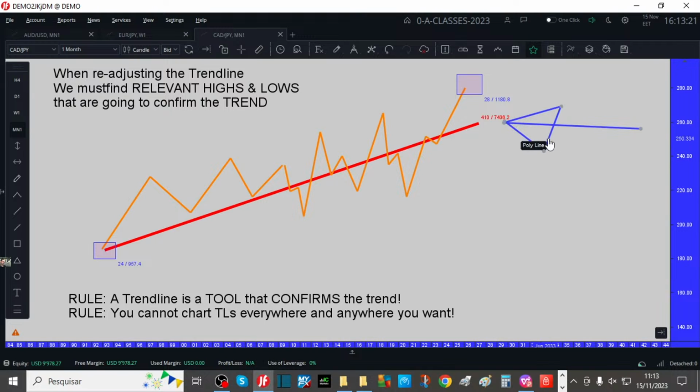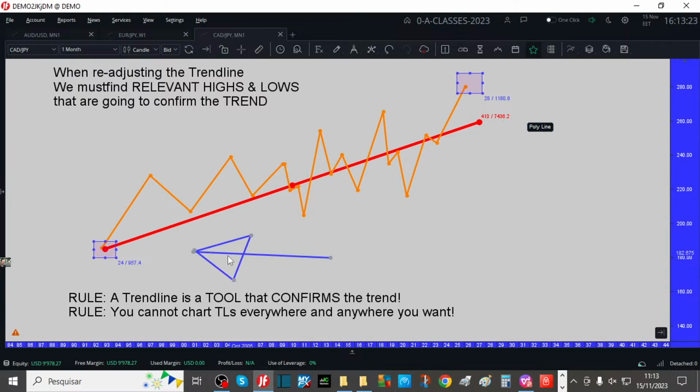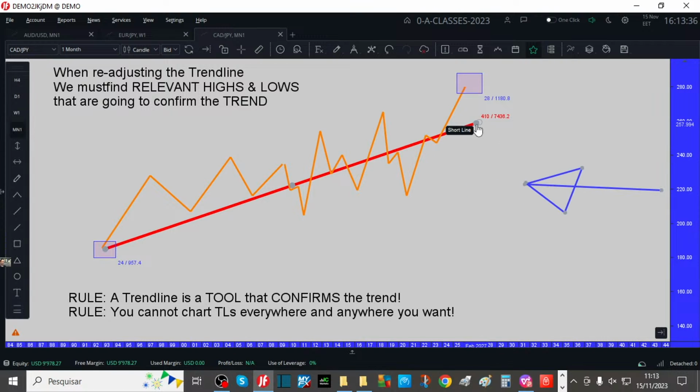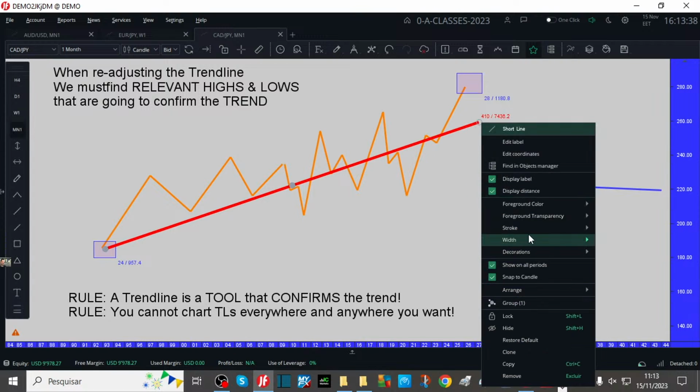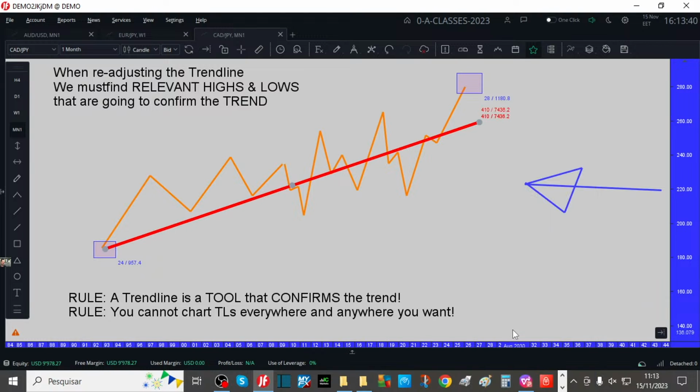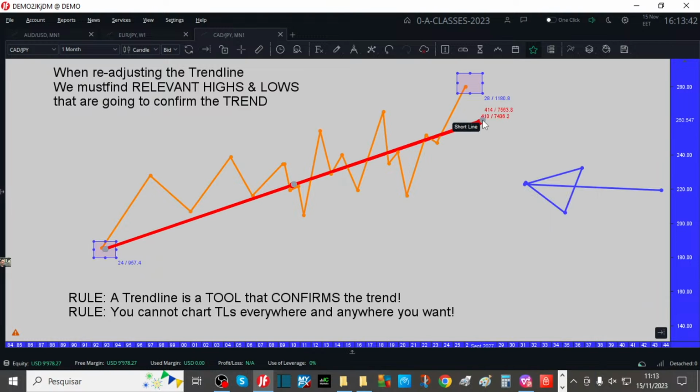So if this was the first low, where is the next low that is going to confirm this sequence of highs and lows? Make sense? So I'm going to take the trend line and clone it, and I can do something like this.